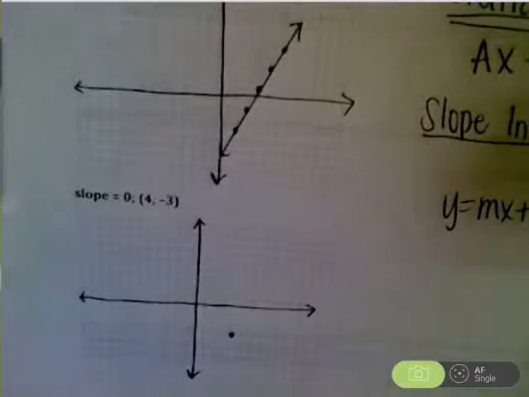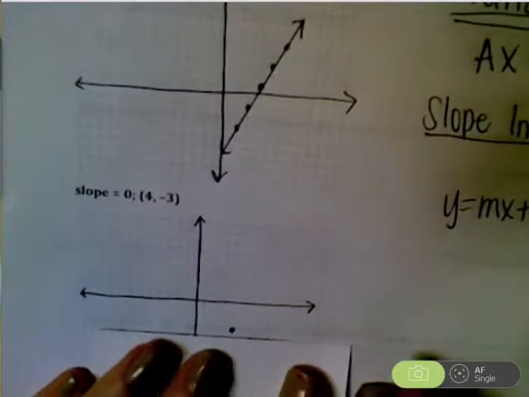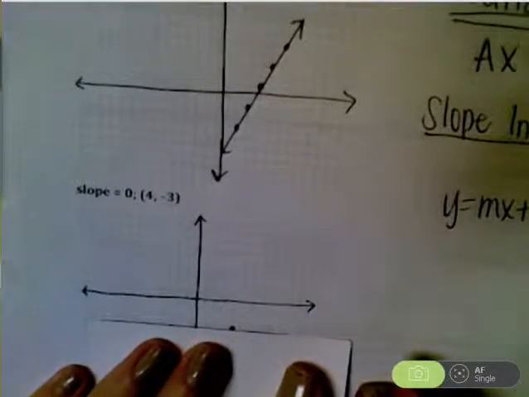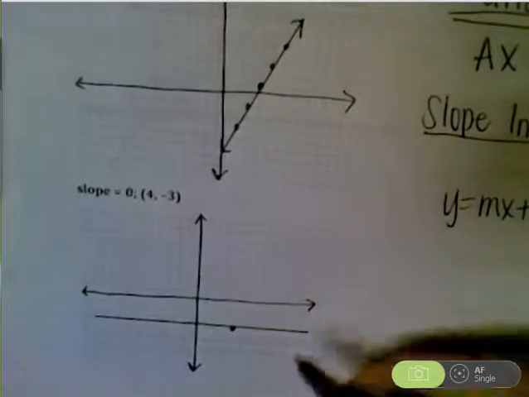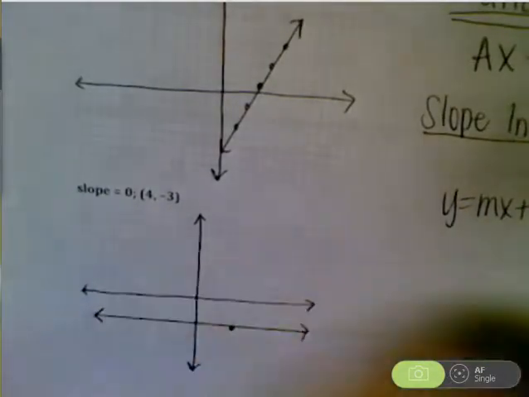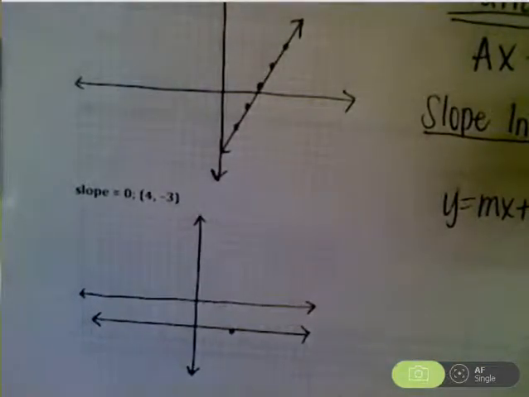What does any line with a slope of 0 look like? Horizontal. A horizontal line, right. Okay, so I don't really even have to draw any other points. I'm just going to draw a horizontal line because I know that all lines with a slope of 0 make a horizontal line. So that's all I have to do.